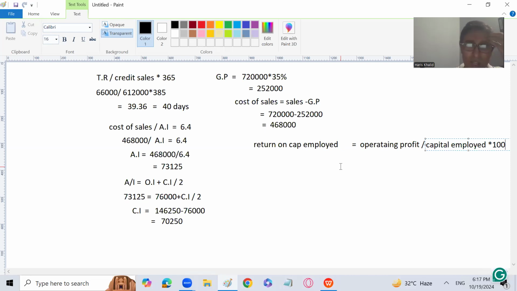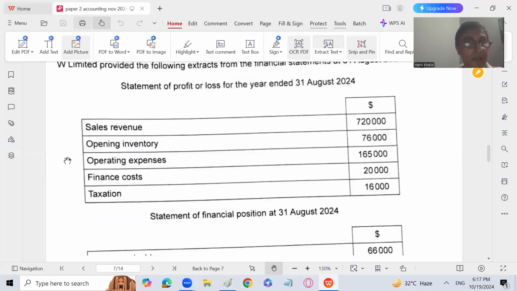So let's calculate operating profit and capital employed both, because both are not given. If we see the statement of profit and loss, which is given, operating expenses are given, and we have already calculated the gross profit. So gross profit minus operating expenses, we will get profit from operation, which is the operating profit.